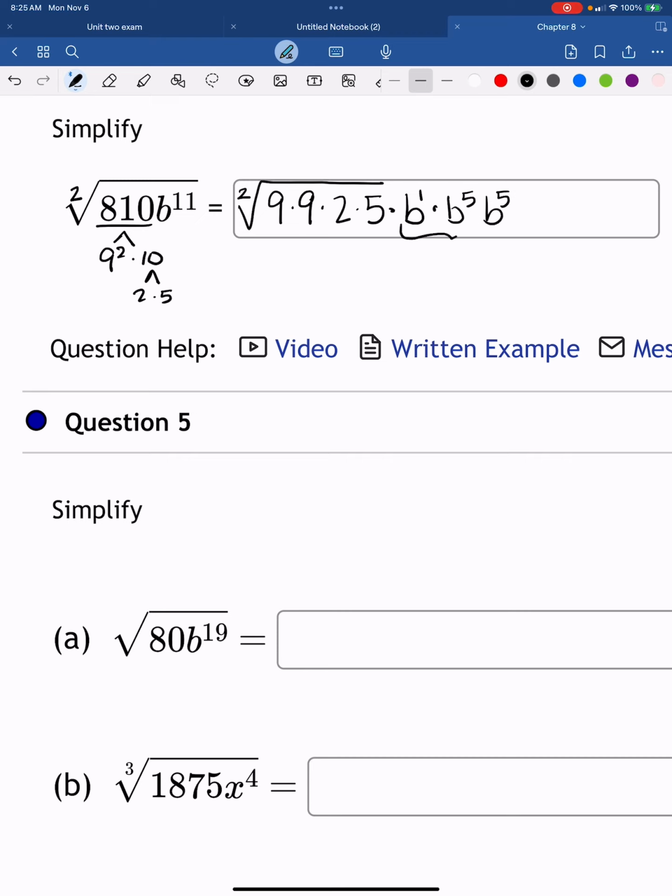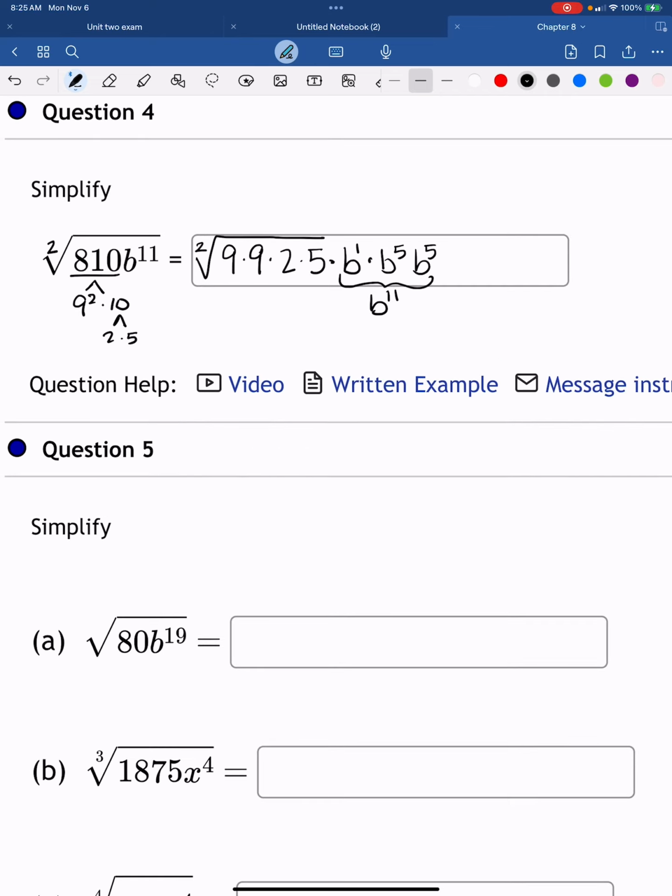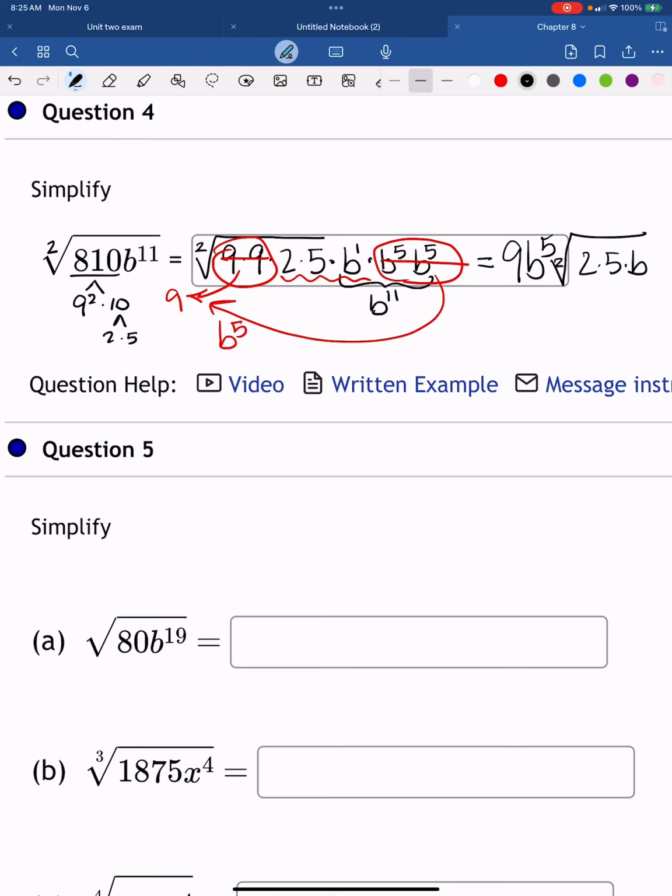So remember, this is now all b to the 11th. And I'm looking for pairs. So here's a pair of b to the 5ths, and here's a pair of 9s. These are all the leftovers. So this becomes 9b to the 5th times the square root of 2 times 5 times b. 9b to the 5th square root of 10b.